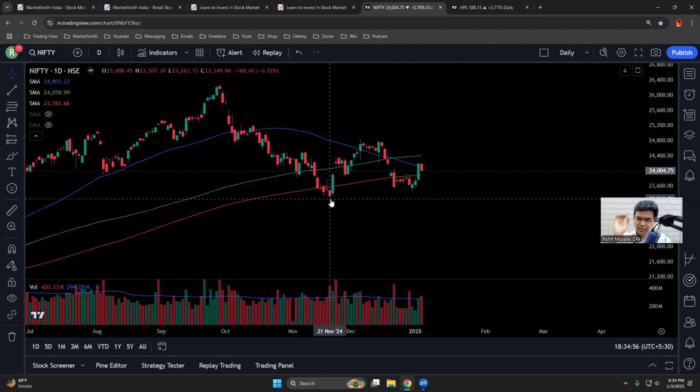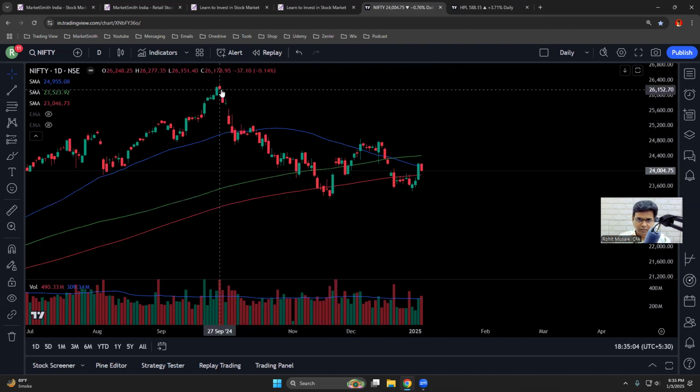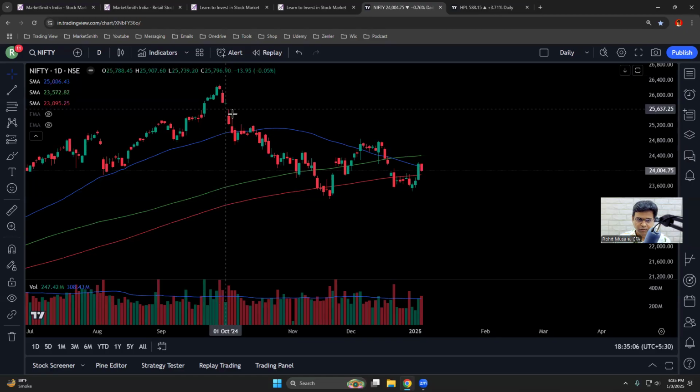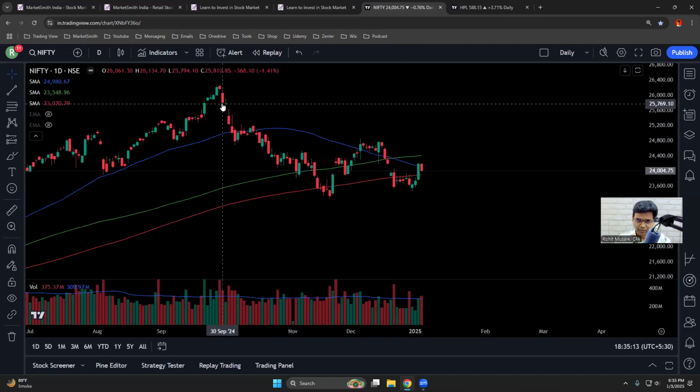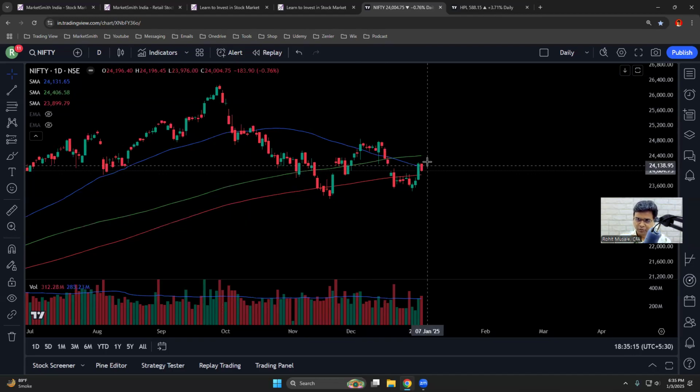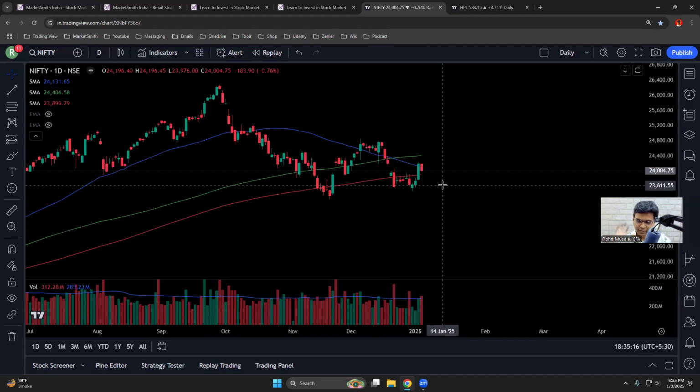If that happens, then the attempted rally has failed, and probably Market Smith will update the status to a confirmed downtrend. Moreover, there is still, I think, one falling window here and one falling window here. So for the rally to really have some power, that falling window has to be taken out. So there is a lot of energy that needs to be utilized for the market to go up significantly.